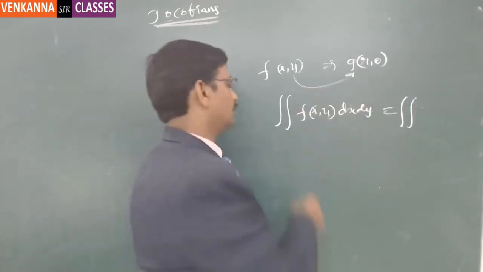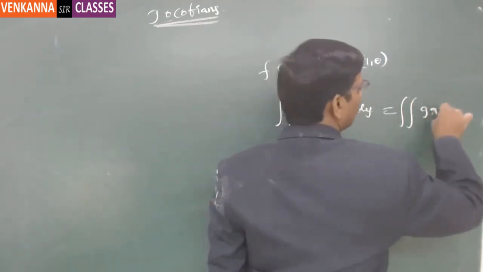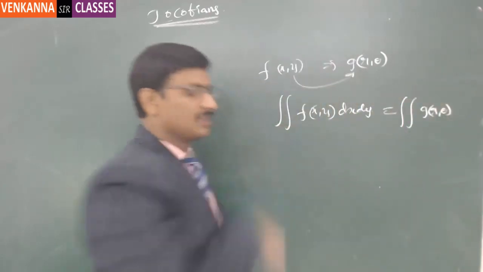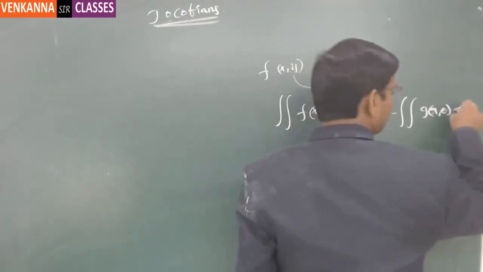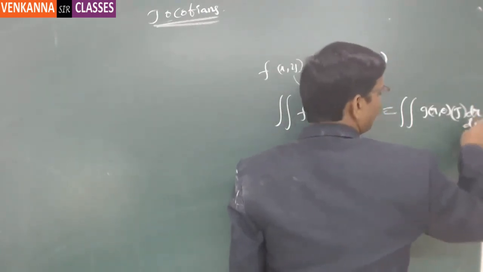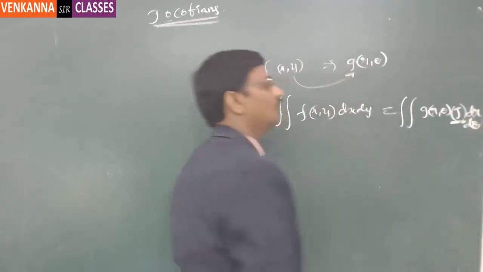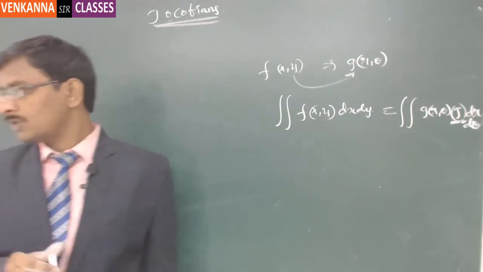In this case, x comma y is there, so it will convert into a different function g with the variables r comma theta. And then in such a case, there is a Jacobian J that comes into the picture, with dr d theta. This J value we call the Jacobian. Got it?